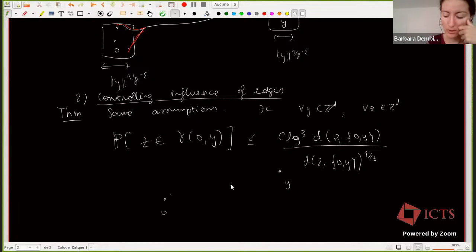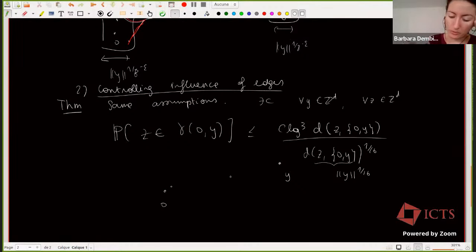And if you are in the bulk, what you have instead is y to the power 1 over 16. So you really have a polynomial decay of the probability that z is in the geodesic. And this is not only for the midpoint, but really for any point.